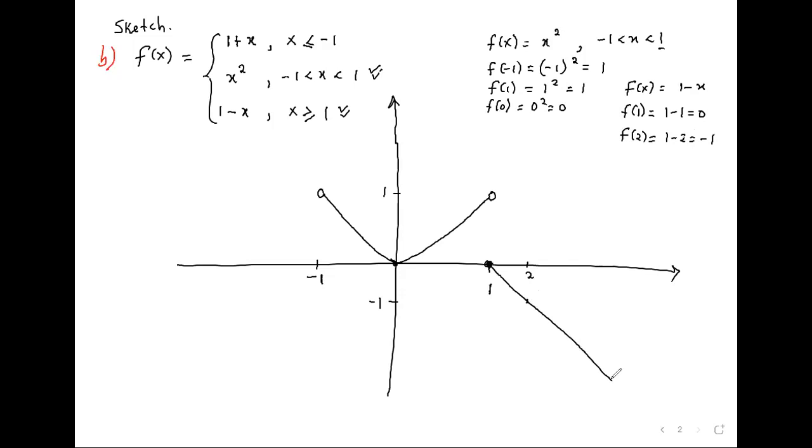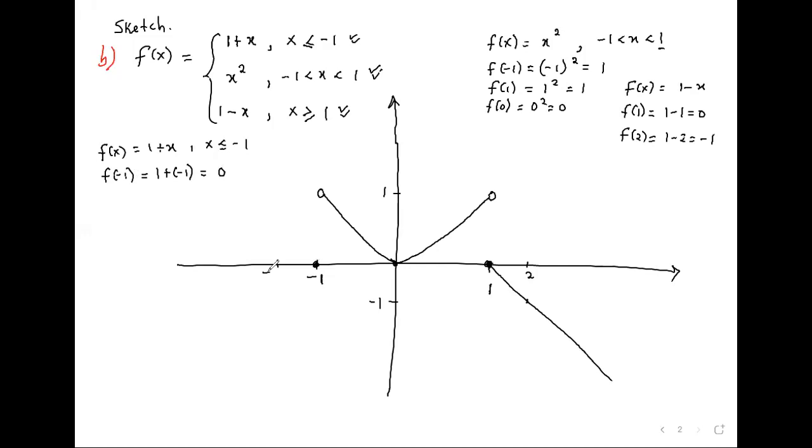Then the other side, we now go up this one. f of x is equal to 1 plus x when x is less or equal to -1. So what is f of -1? That is 1 plus -1, which is 0. So closed here.